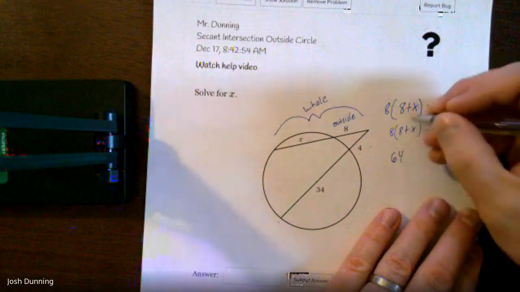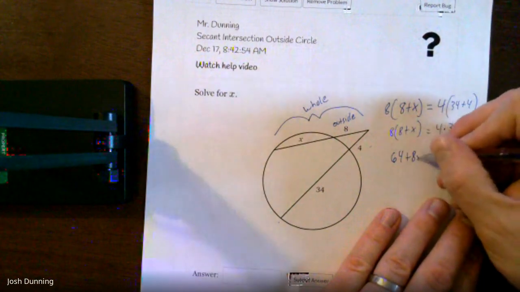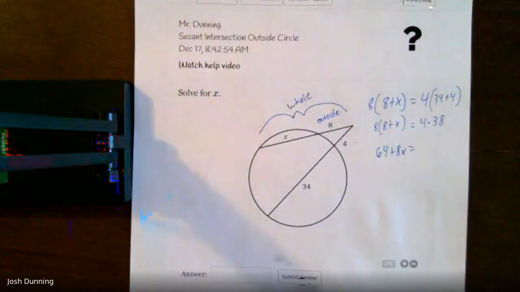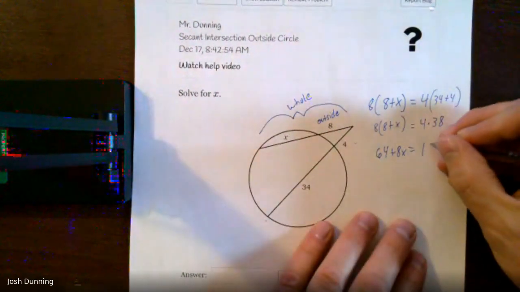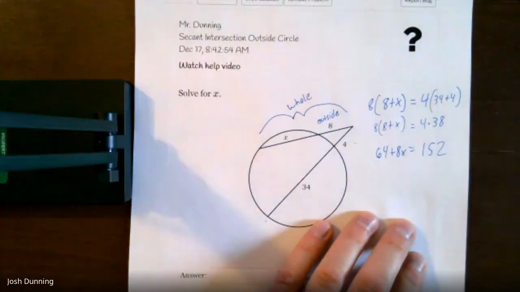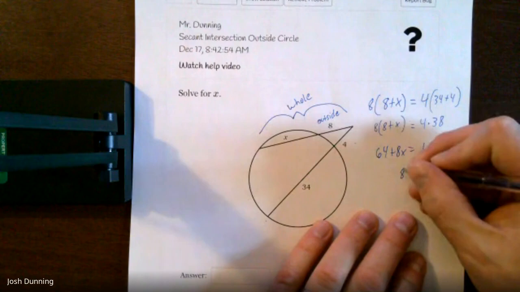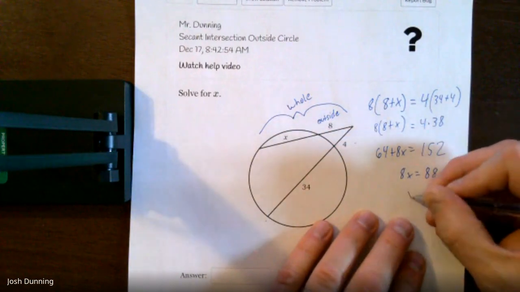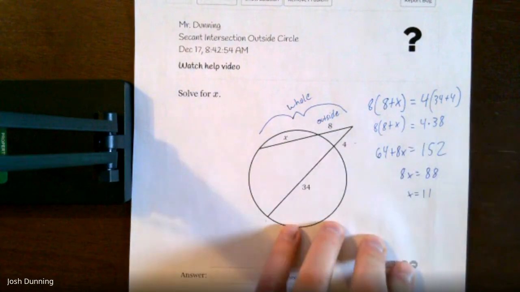We get 64 plus 8x. Then 4 times 38 is 152 minus 64, 88, divide by 8, 11.